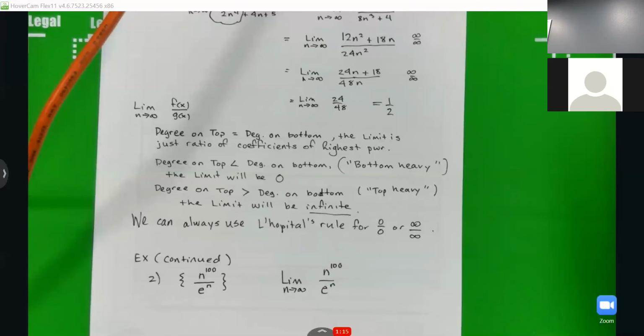What does that tell you that this limit is going to be? It's going to be 0. E to the n grows faster than n to the 100. E to the n grows faster than n to the 10 million. So I'll always have an e to the n in the denominator, where eventually my L'Hopital's rule will give me a constant in the numerator. So I can see that this is bottom heavy. That means this limit is going to be 0.